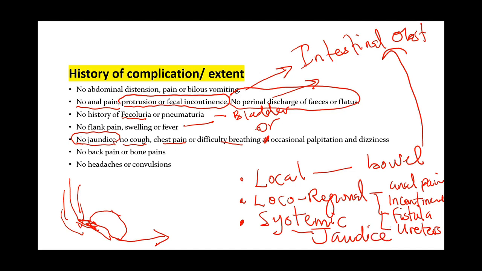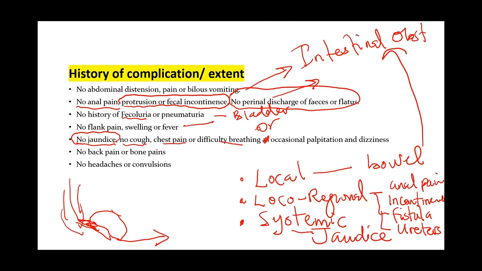Cough, it has spread to the chest, okay? Chest pain, to the bones, the ribs. Difficulty in breathing, okay? You can see the chest involvement has developed. It has gone to an extent of even having a pleural effusion, okay?